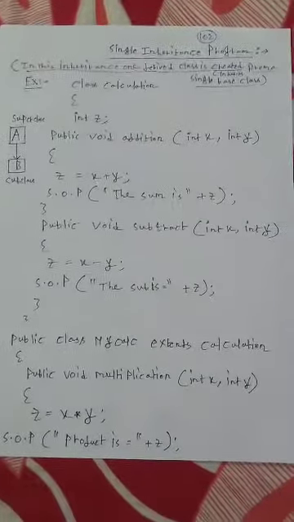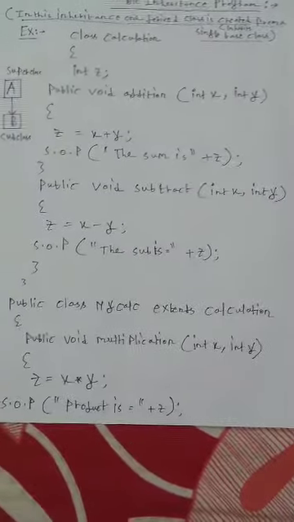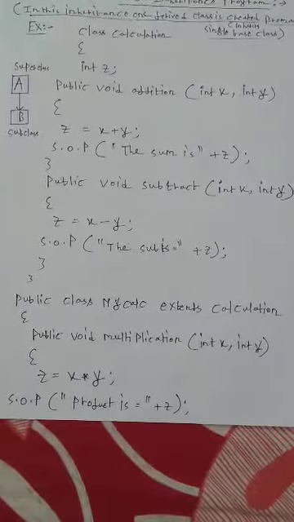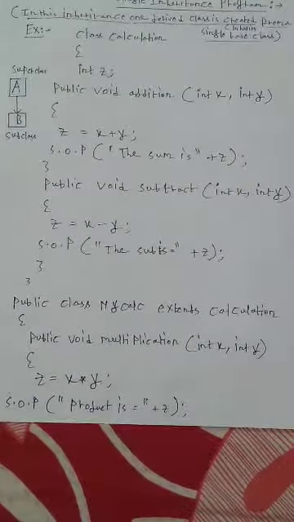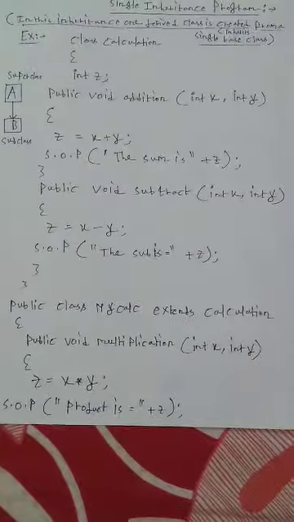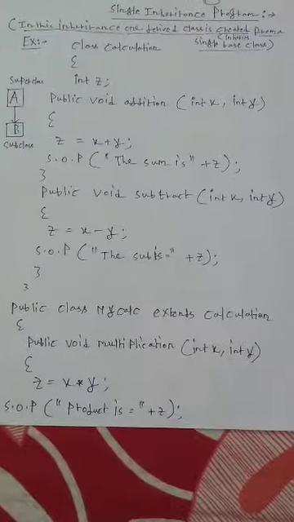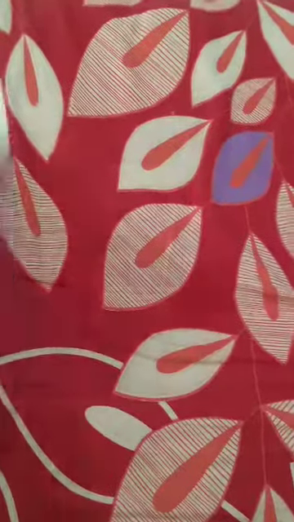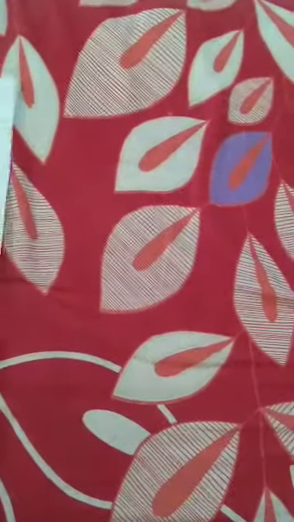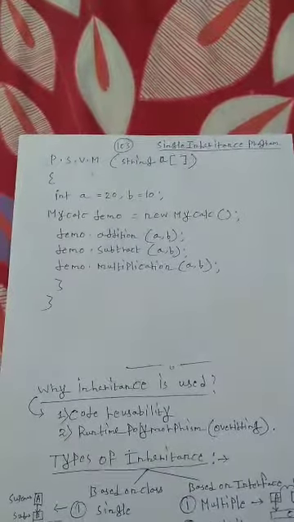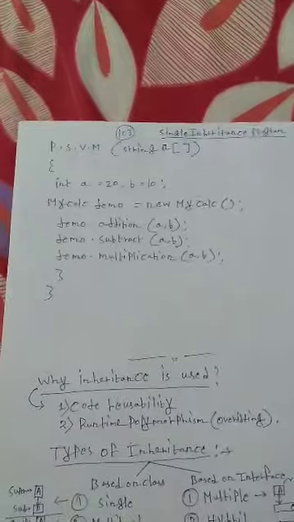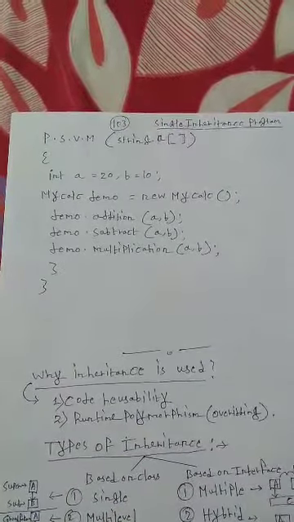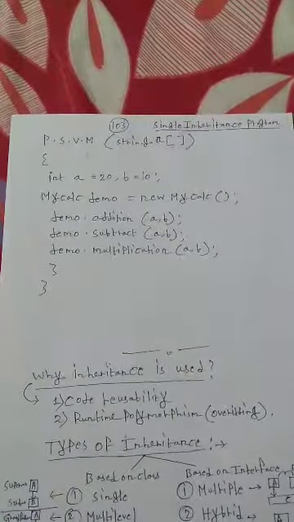Then the subclass extends Calculation; here the subclass name is MyCalcs. Here we can multiply using the parent class variable in the subclass. Then the main part is public static void main, string args.